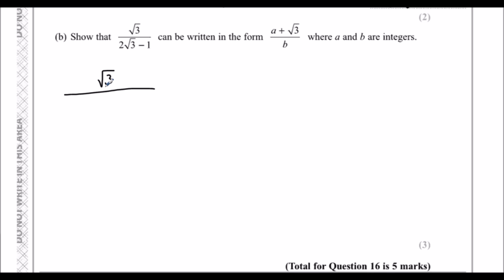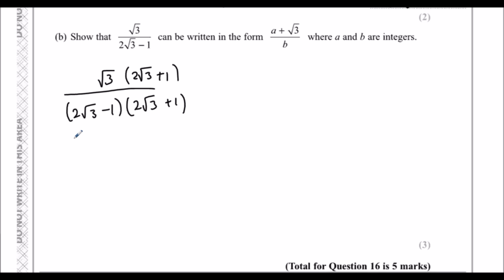So we're going to times top and bottom by 2 root 3 plus 1. And that will get rid of the surd from the bottom. That's because when you've got two brackets, one with a plus, one with a minus, but they've got the same terms otherwise, the middle bit cancels out.